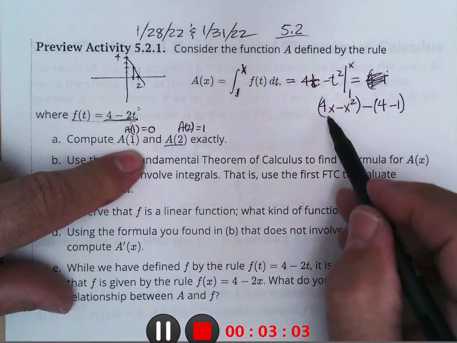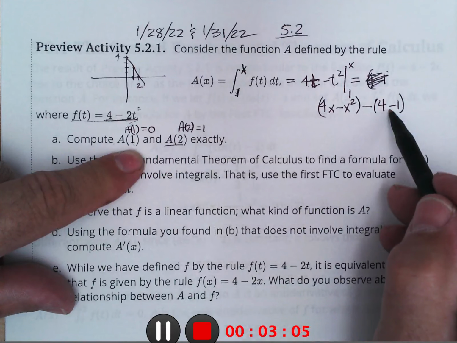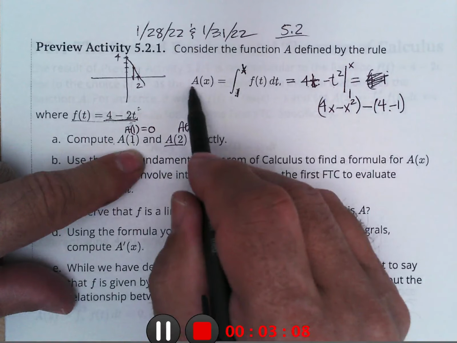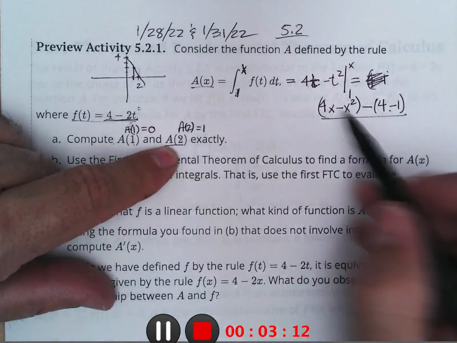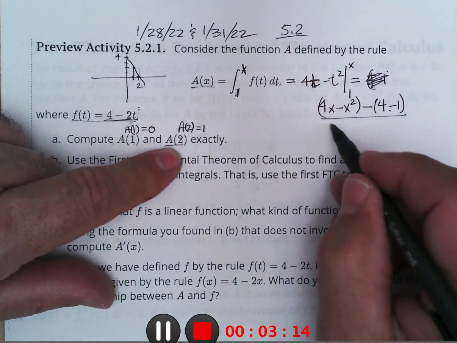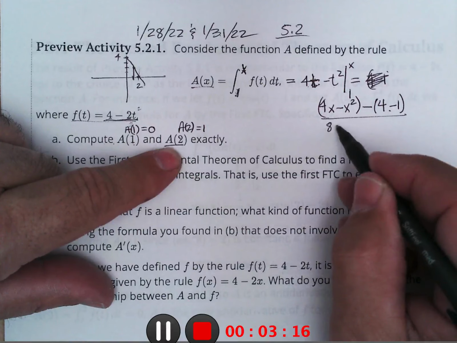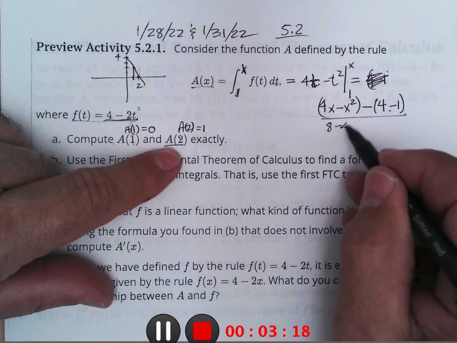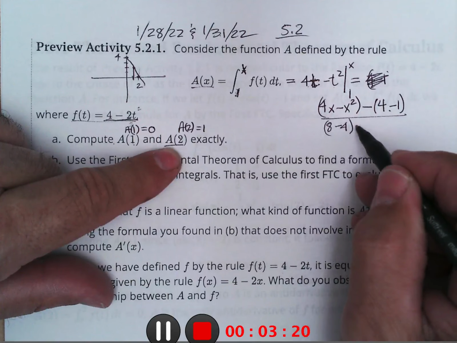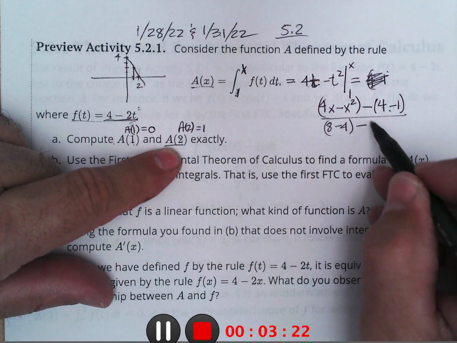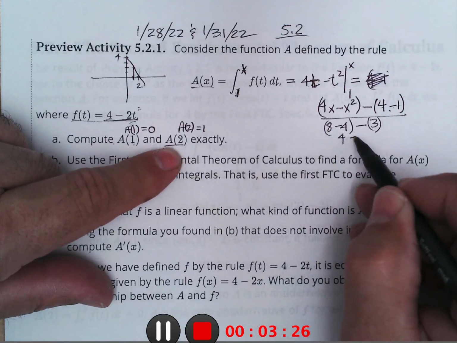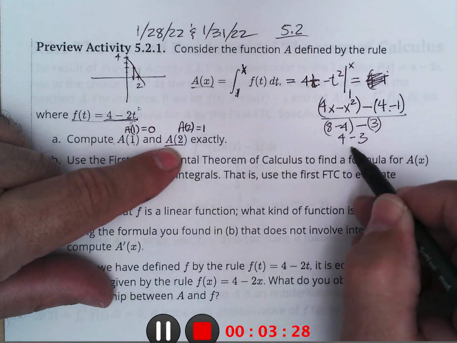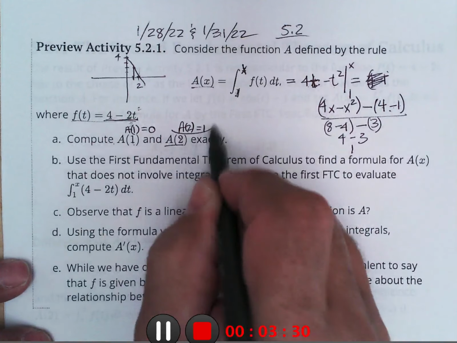So this would be the function A of x, and we're supposed to put in 2. So 4 times 2 is 8, minus 2 squared is 4, and 4 minus 1 is 3. So we have 8 minus 4, which is 4, minus 3, which is 1. So A of 2 equals 1.